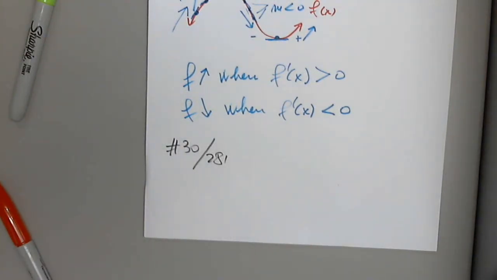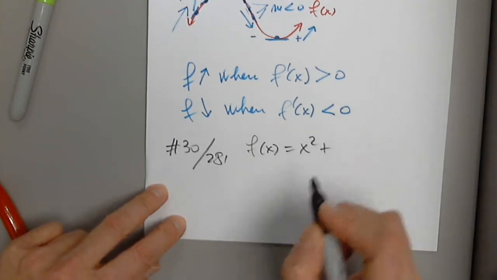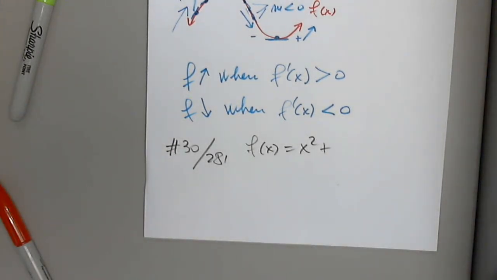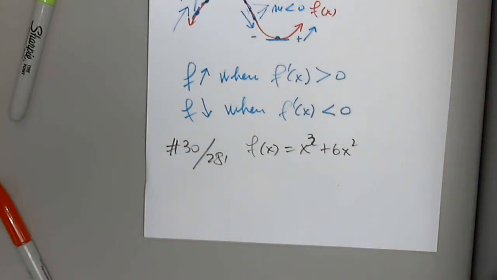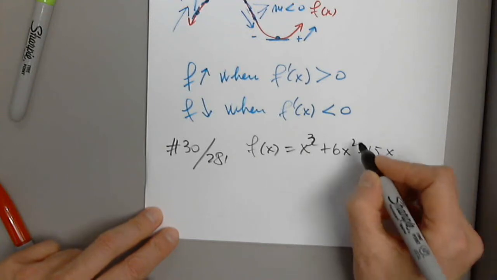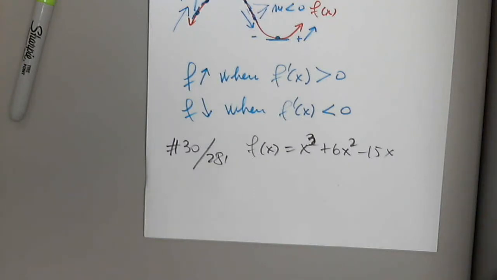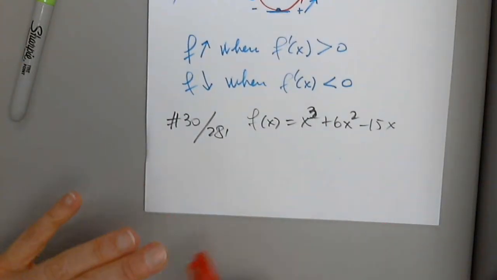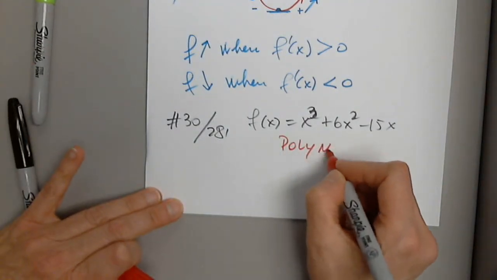F of x equals x cubed plus 6x squared minus 15x. What type of function is this? Degree is 3, so it's a polynomial.